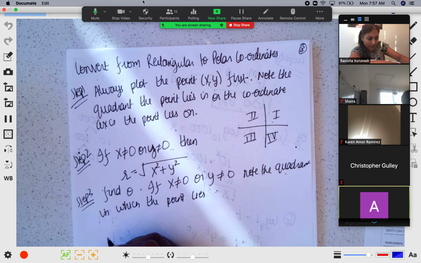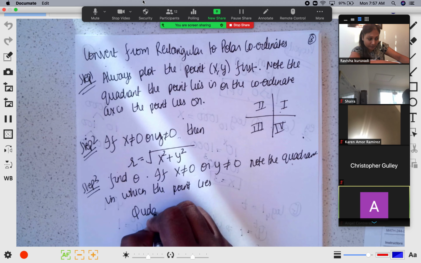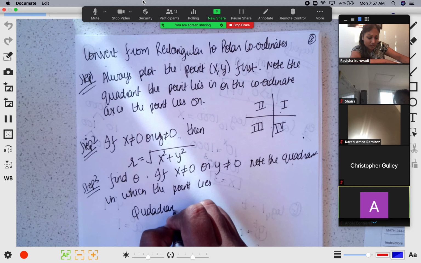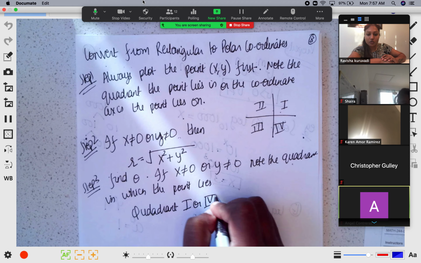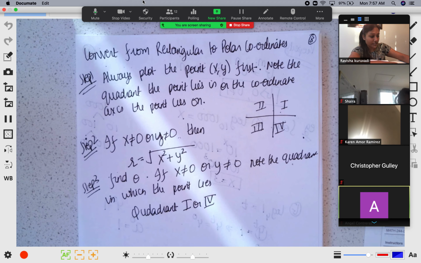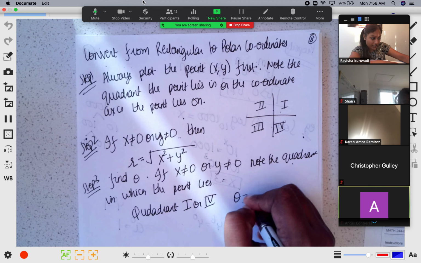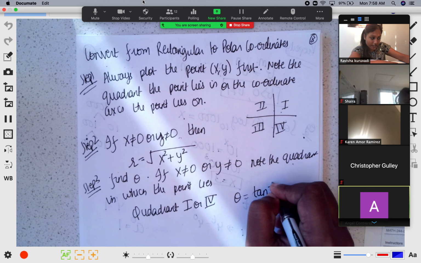If your point lies in quadrant 1 or 4, your theta will be equal to tangent inverse of y over x directly.